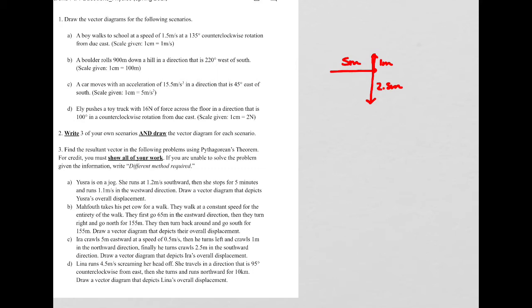If you tried to figure out what this is from here, from here to here, I will give you extra credit for that. But I thought that I meant to go westward, but anyway, if it had been westward, I meant to do westward 2.5 meters. So the path he was supposed to take was supposed to look like this. To the east, to the north, and then to the west. And then your answer would be different method required, right?